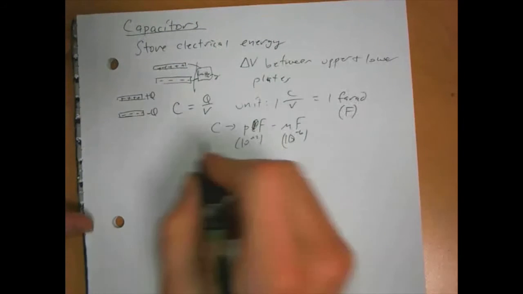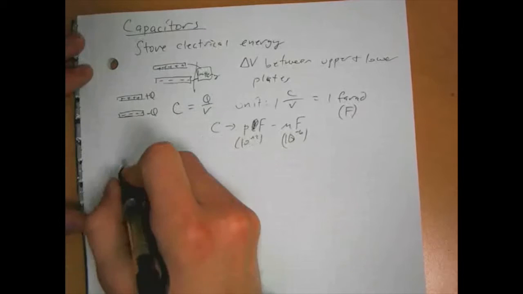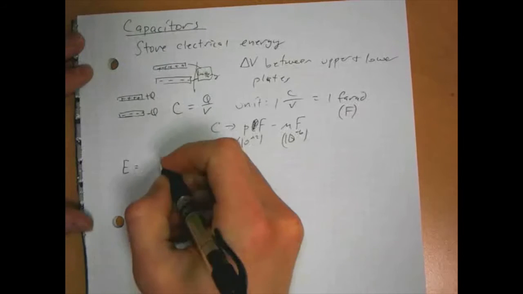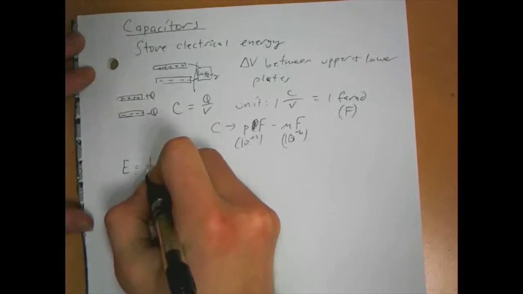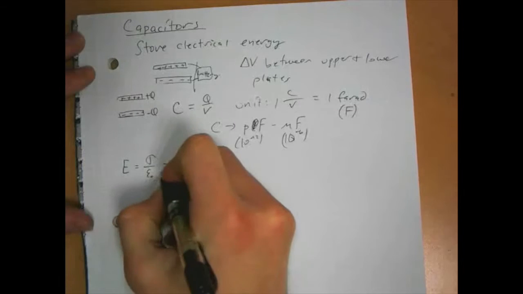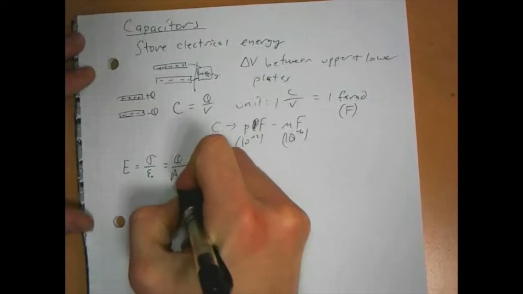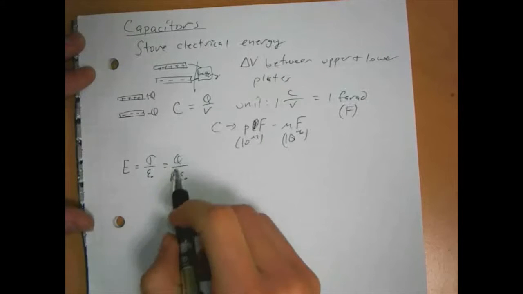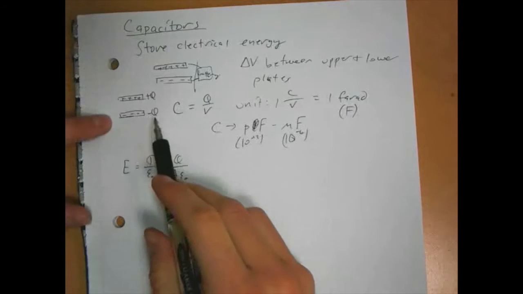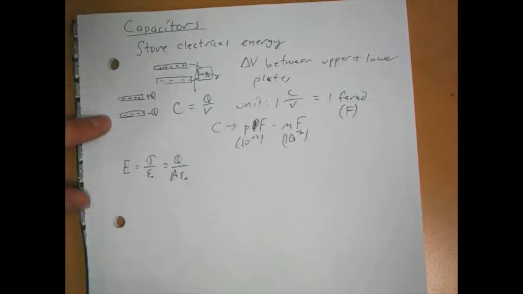Now, before we learned that the electric field of a capacitor is sigma over epsilon naught. And remember, sigma was a charge per area. So the electric field is Q over area times epsilon naught. Area is the area of the plate.